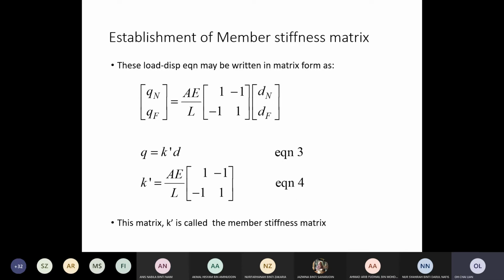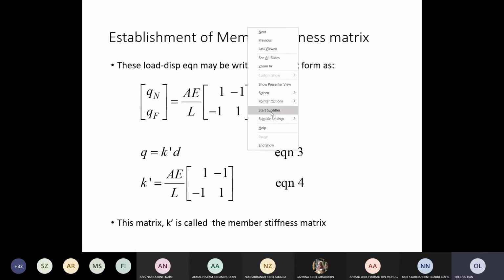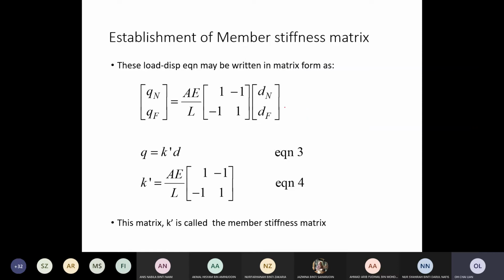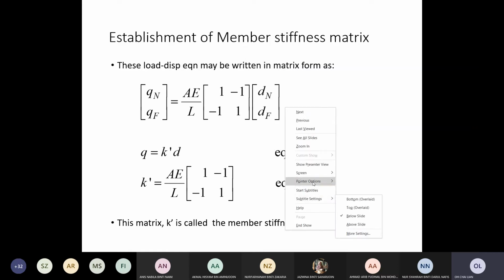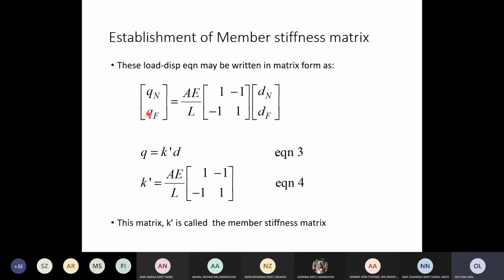So then a load displacement equation can be written as such. You have the end forces and the end displacements, and you have k prime, the member stiffness matrix.